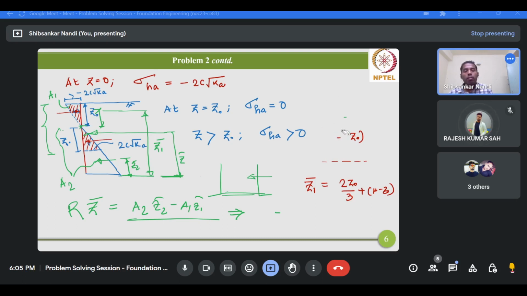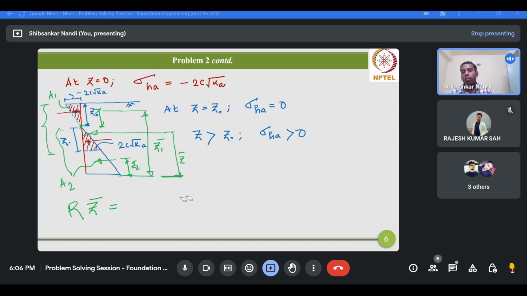So earlier we were discussing the distribution of active earth pressure behind a retaining wall, which is retaining a cohesive frictional backfill.